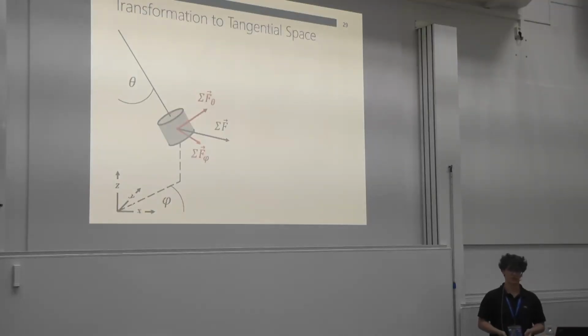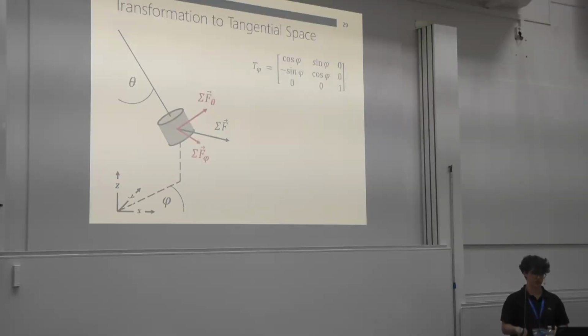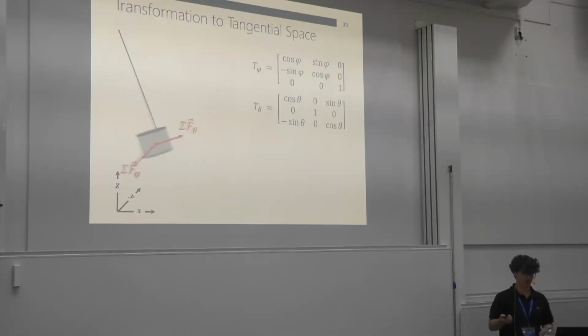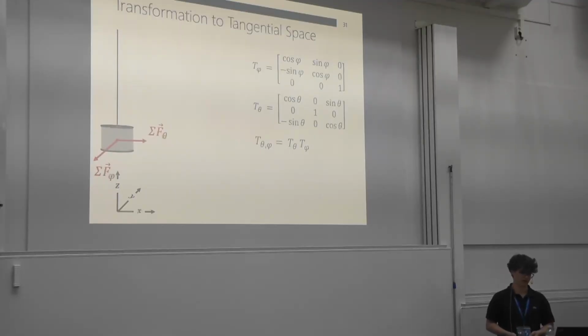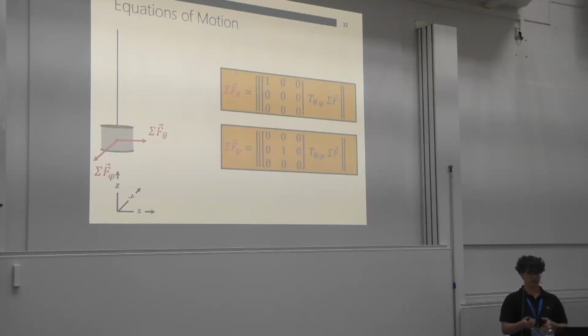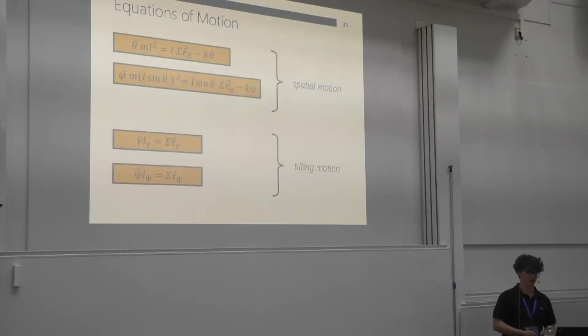Those components we get by transforming the magnet into tangential space with these two rotation matrices. And then we get the forces in theta and phi direction just as x and y components of our total force.